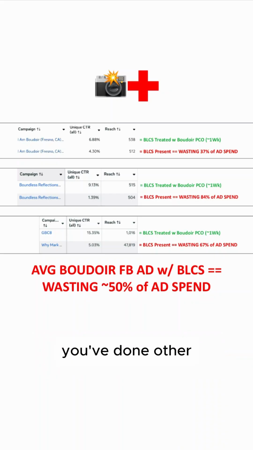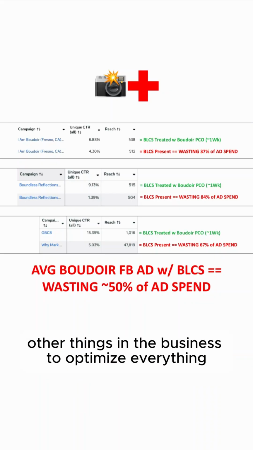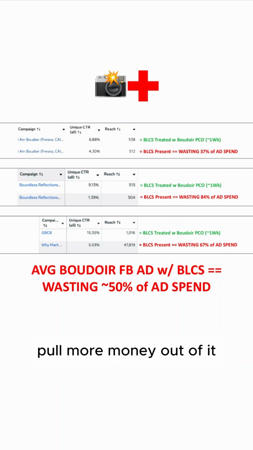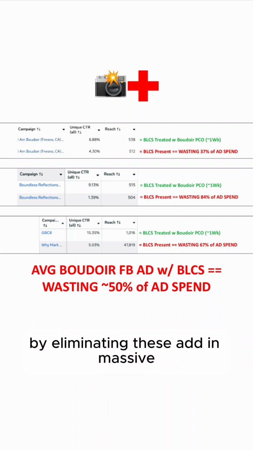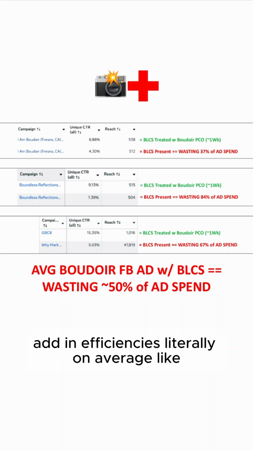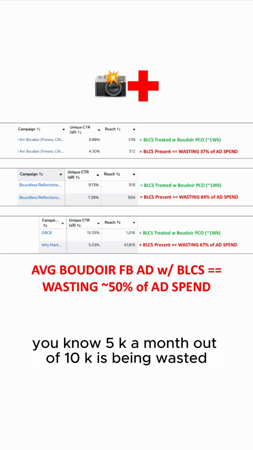You've done other things in the business to optimize everything, pull more money out of it, and you want to pull more money back in your pocket by eliminating these massive ad inefficiencies. Literally on average, 5K a month out of 10K is being wasted.